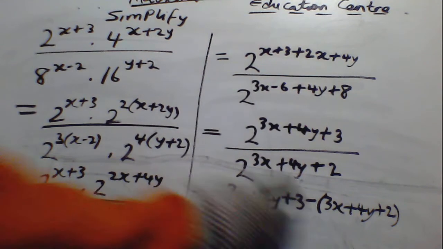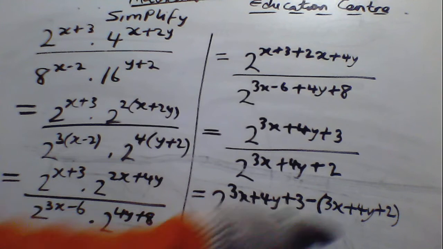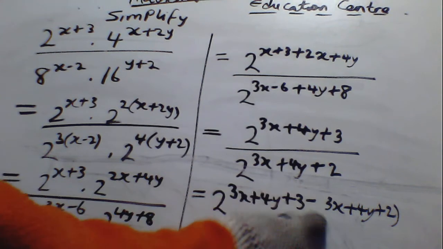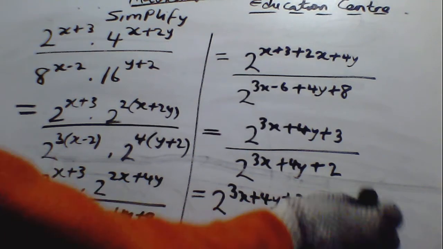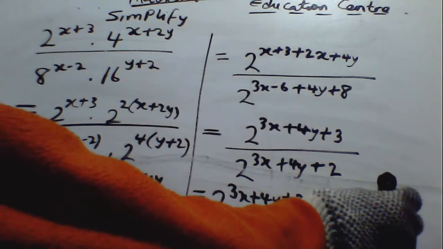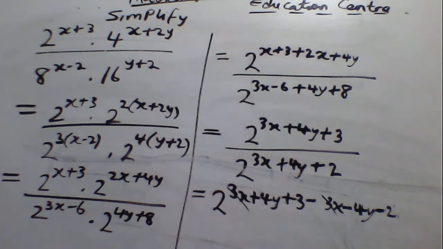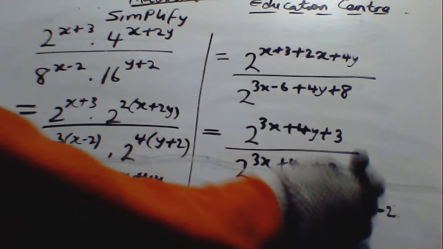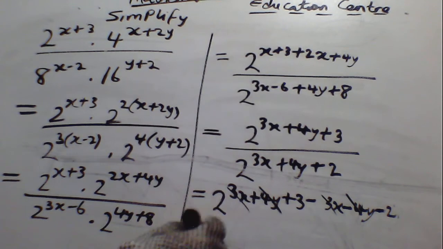This minus is because when this power comes up there is a minus, so when I open the bracket, the minus will affect every term in the bracket. So this is what we have. 3x can cancel minus 3x, 4y can cancel minus 4y. So what is left? You have 2.